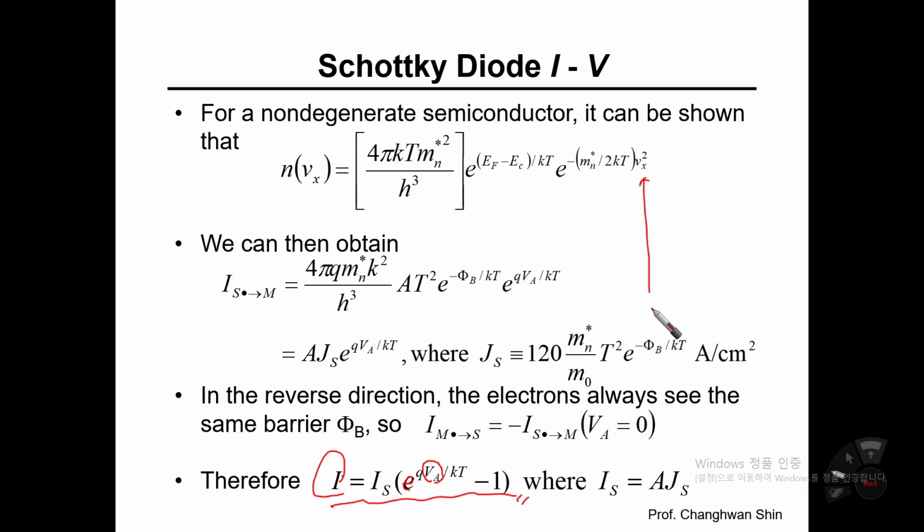If I draw this equation in this two-dimensional space, the curve becomes like that. So we're going to learn some more details on how to derive this diode equation.